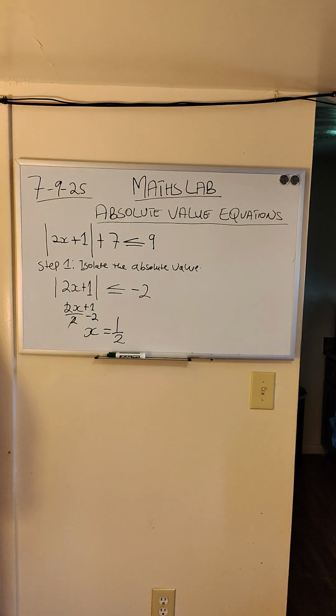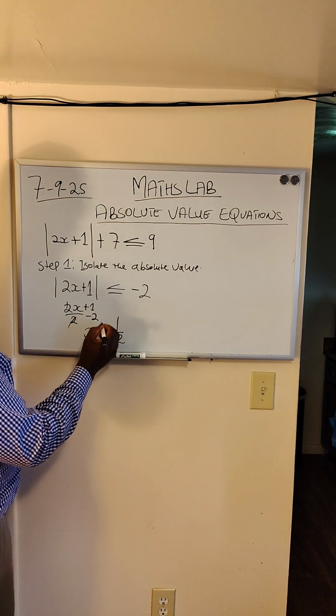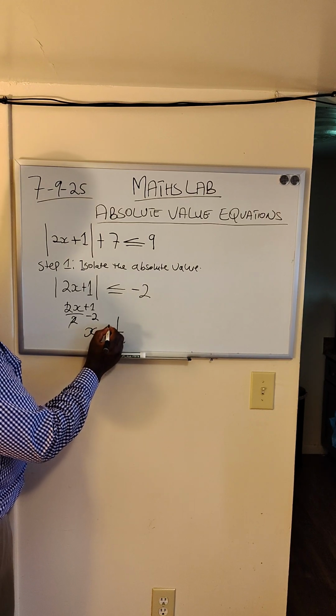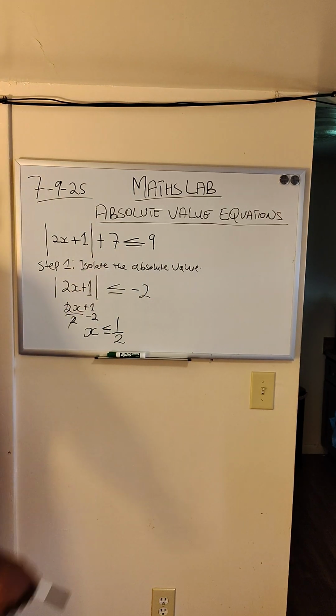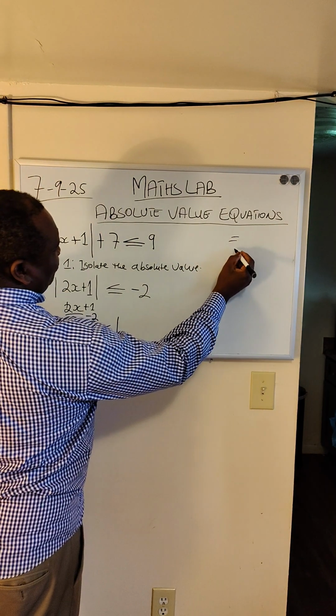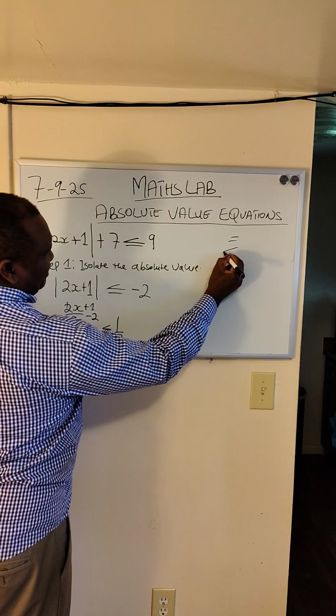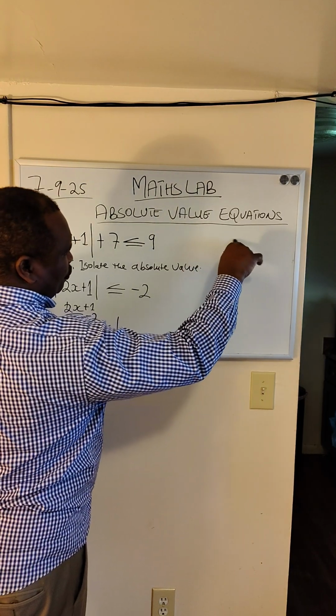X is equal to 1 over 2, and you can see now that we are using less than or equal to. Remember our sign here: we don't use this sign, but we use this sign because it's less than or equal to 2.